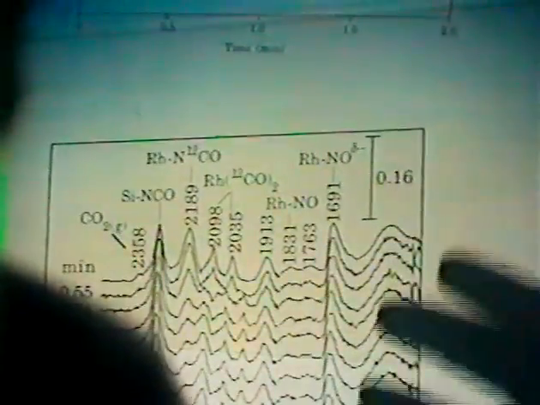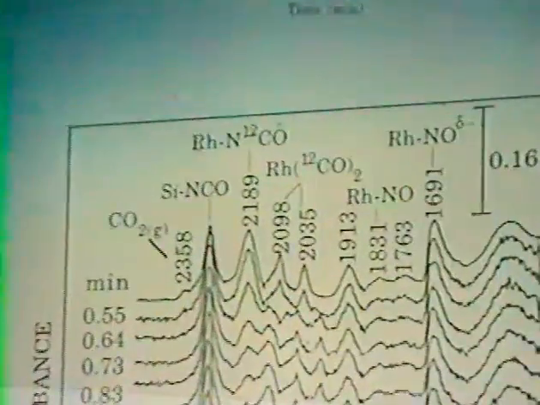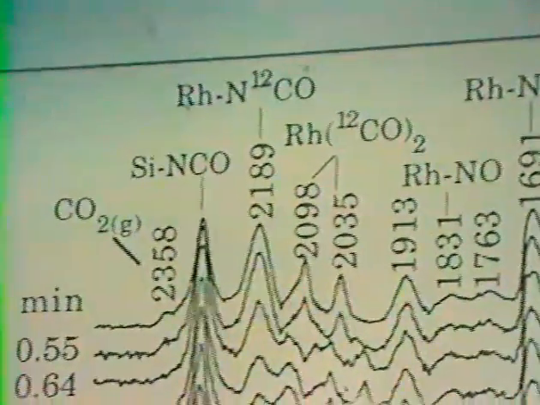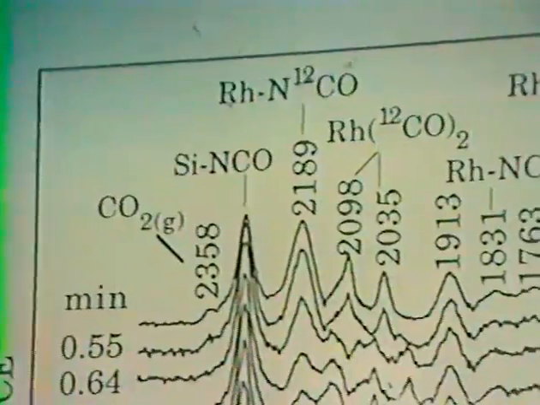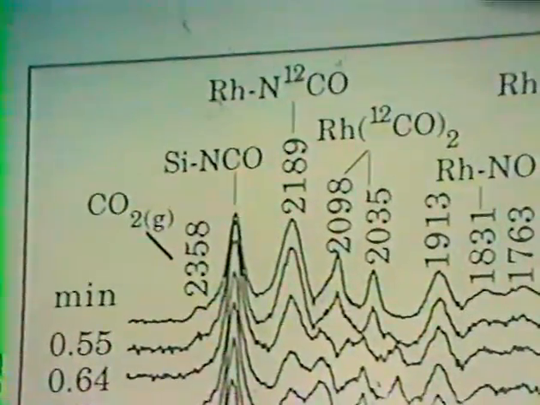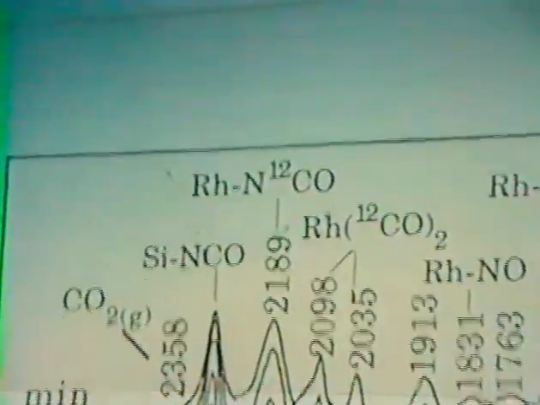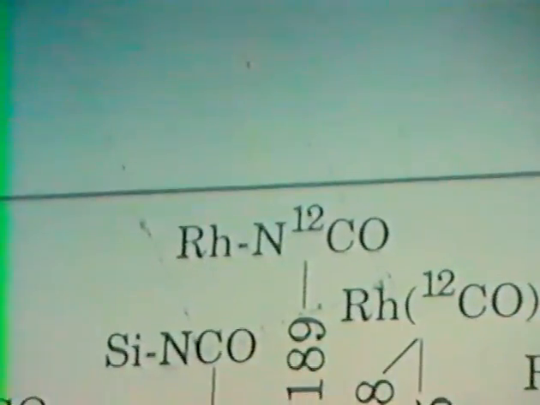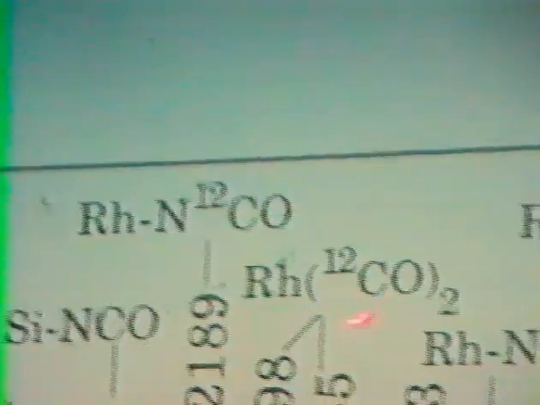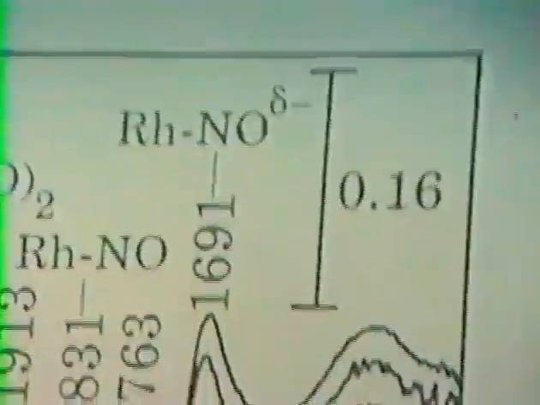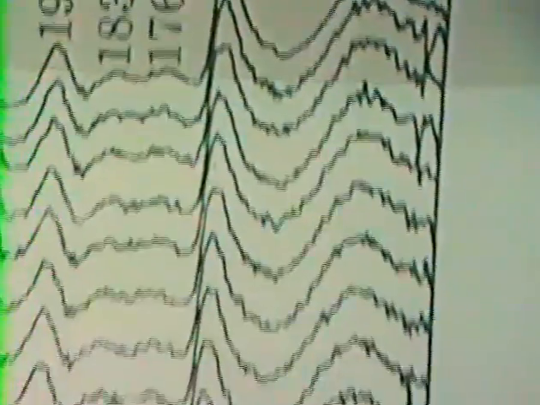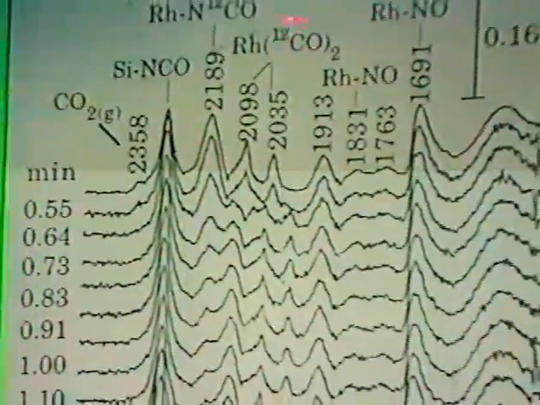And here is the infrared spectroscopy of the reaction during the step transients. Initially, we have Rh+ gem dicarbonyls.